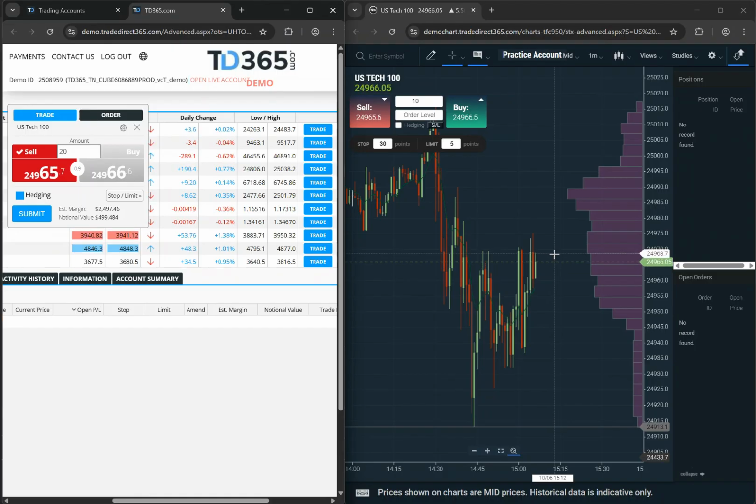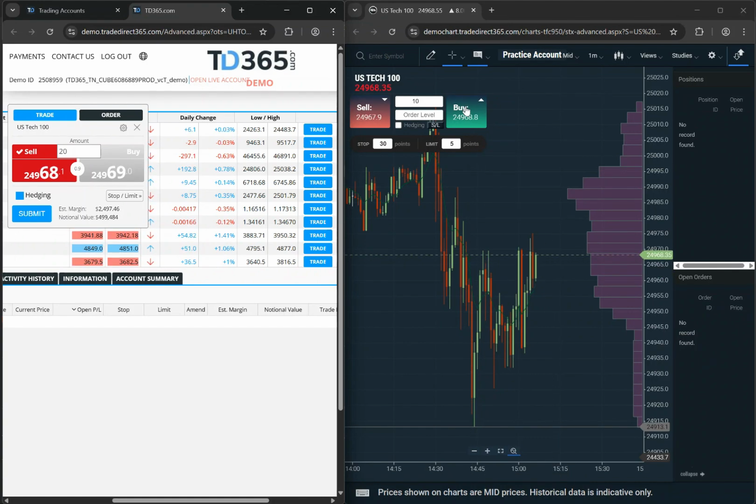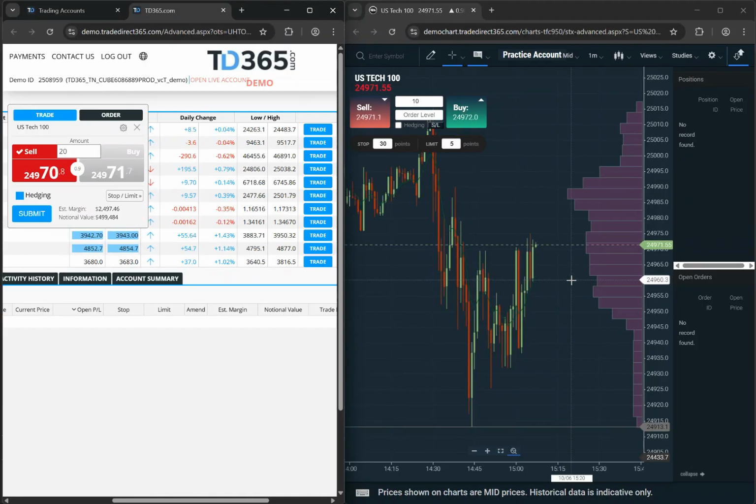If price has been to one extreme of the low volume node, my bias becomes that price will attempt to reverse and either go back to the high volume nodes or push further towards the opposite low volume nodes, on the other end of the volume profile spectrum.